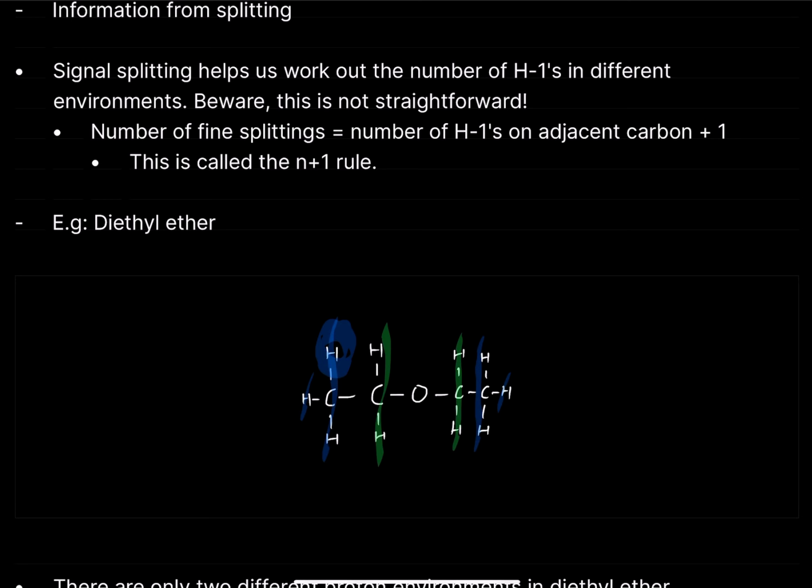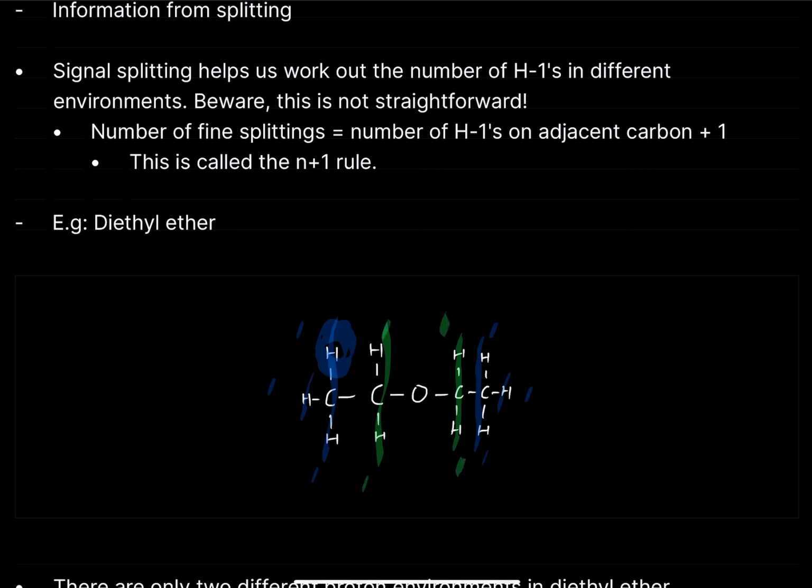The ratio for this would be 6-4, because there are 6 hydrogens in the same environment, 1, 2, 3, 4, 5, 6, and 4 hydrogens in another environment, 1, 2, 3, 4.